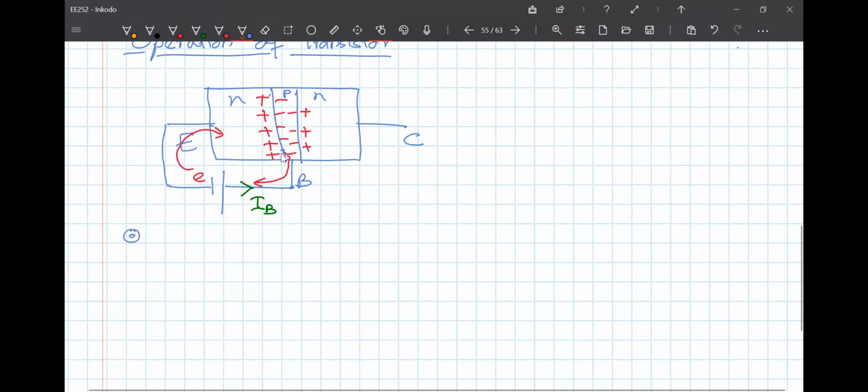So let me put this down. When the emitter-base junction is forward biased, electrons entering through the emitter cross over to the base.